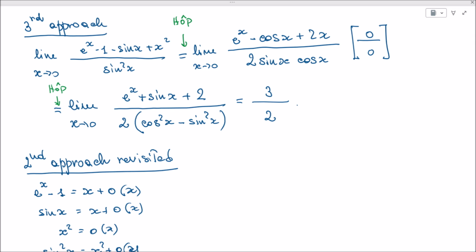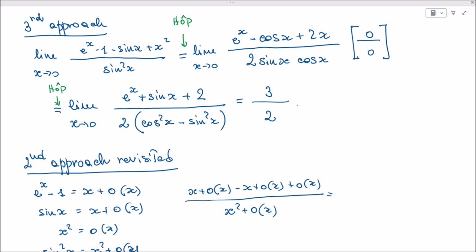Let's see what happens now if we replace this in the original fraction. So we have x plus little o of x that replaces e to the x minus 1. Then we have minus x plus little o of x that replaces sine of x, and another little o of x that replaces x squared, and in the denominator we have x squared plus little o of x.